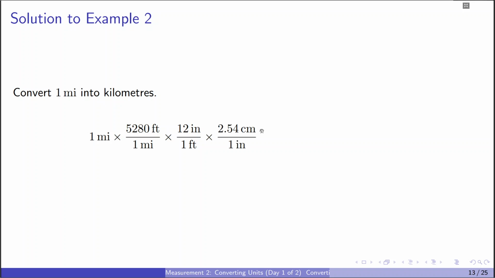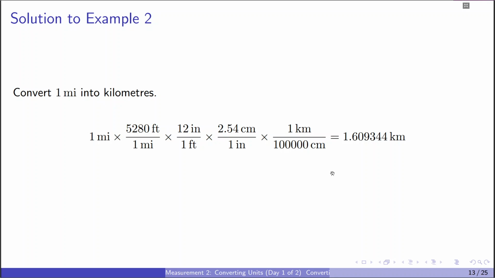Now 2.54 centimeters per inch. This will cancel our inches and convert 1 mile into centimeters. Again, 100,000 centimeters in a kilometer. We could do 100 centimeters in the denominator and 1 meter in the numerator, and then another one with 1 kilometer in the numerator and 1,000 meters in the denominator. We'd still end up with 100,000 down there, but that's just a slightly more compact way to do it.